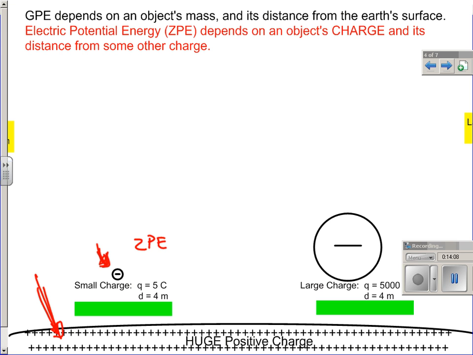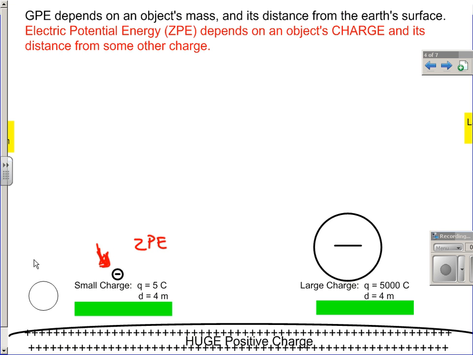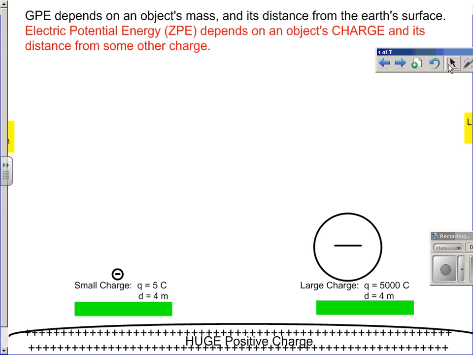There is an equation to calculate electric potential energy. We're not going to learn it, so I'm just going to make up a number. Let's suppose we calculated the electric potential energy of this small charge and figured out that it was 120 joules.